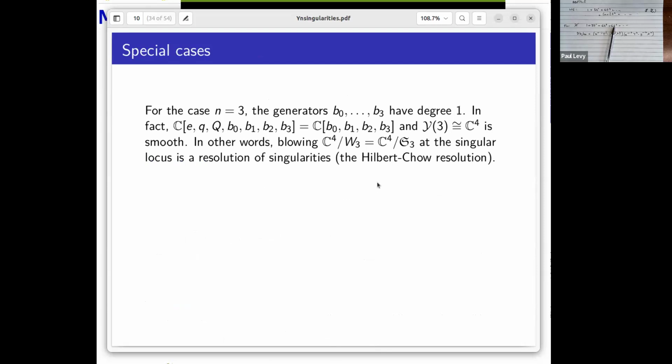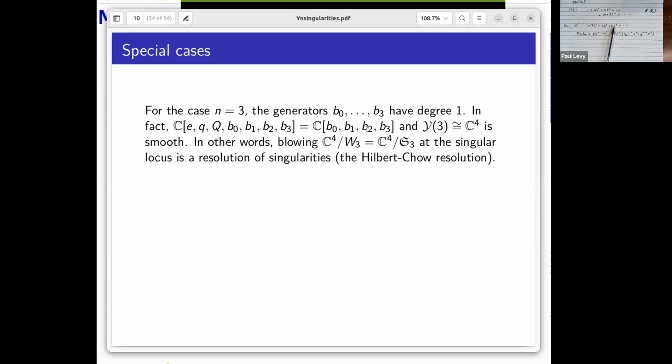So for n equal to 3, in fact, this doesn't have a singular point, it's smooth. So the Y of 3 is just a vector space. And so blowing up C4 over this dihedral group of order 6. Now, a dihedral group of order 6 is the same thing as S3, right?